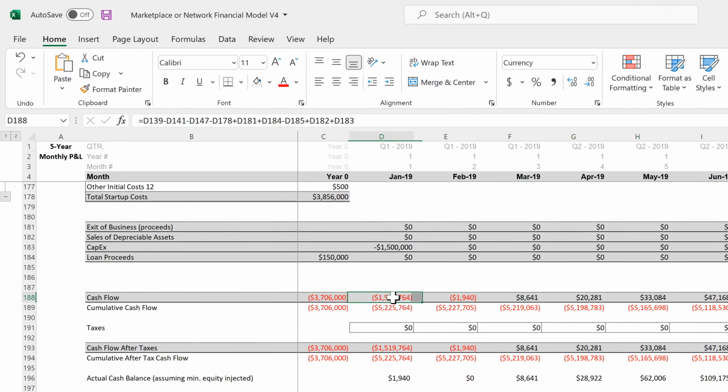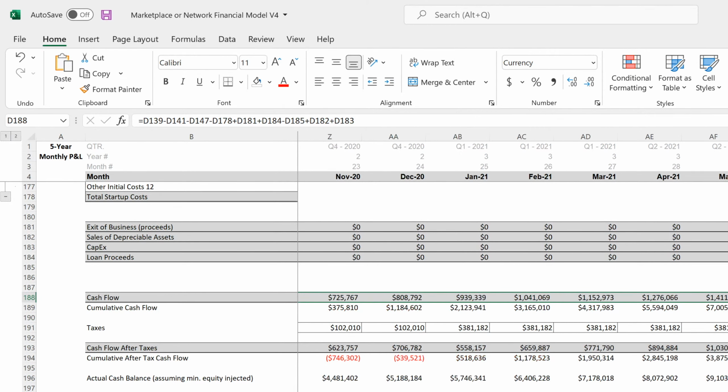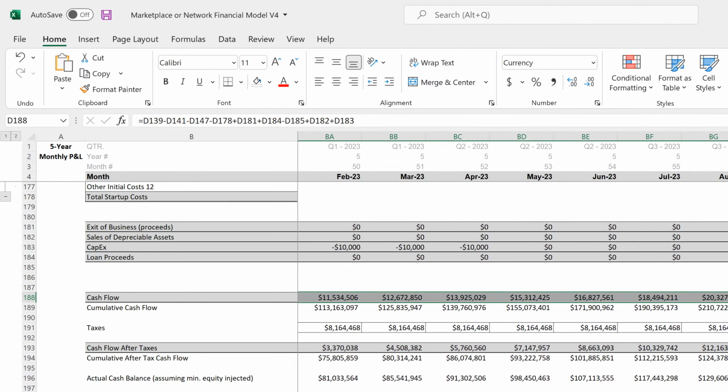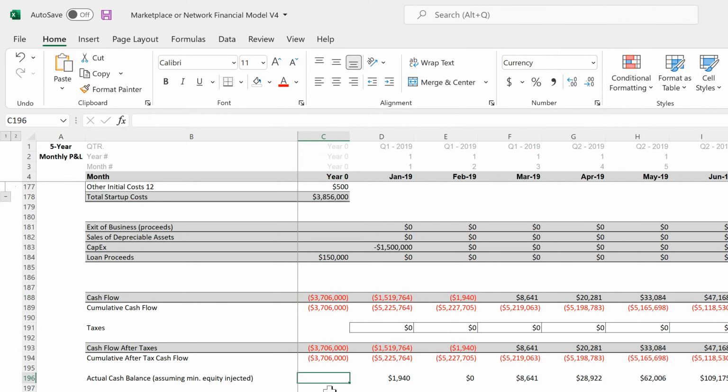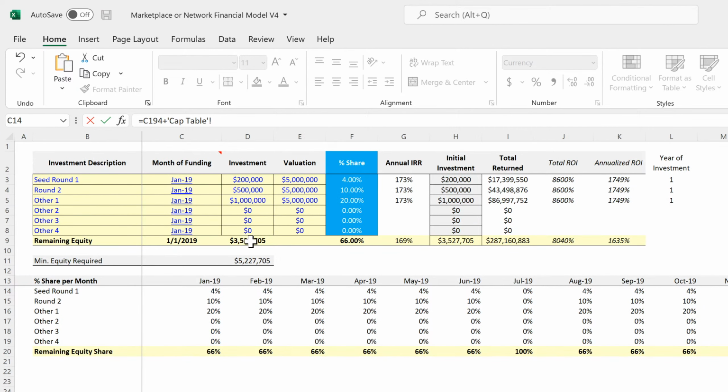There we go. Now, the actual cash balance, assuming min equity injected, would be whatever this balance is plus this.